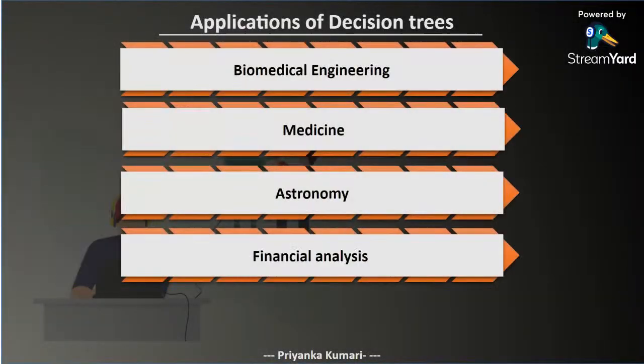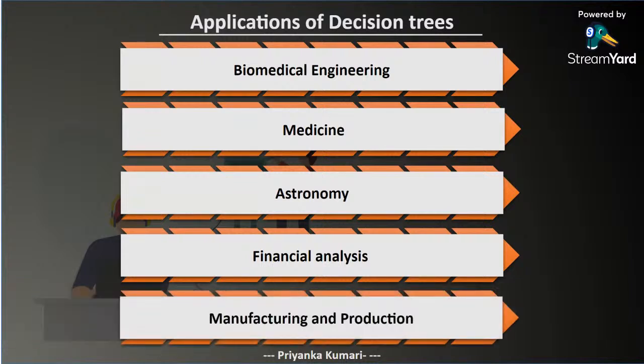Then let us see some of the applications of decision tree. It's not that these are the only applications of decision tree, but it has many different applications. But yeah, these are some of the important applications. The decision tree could also be used in biomedical engineering, which is integrating the bio with the engineering.